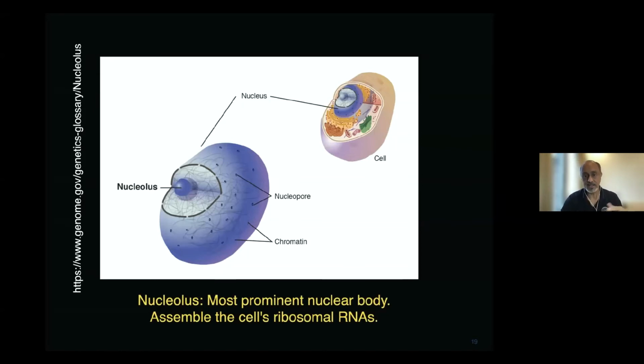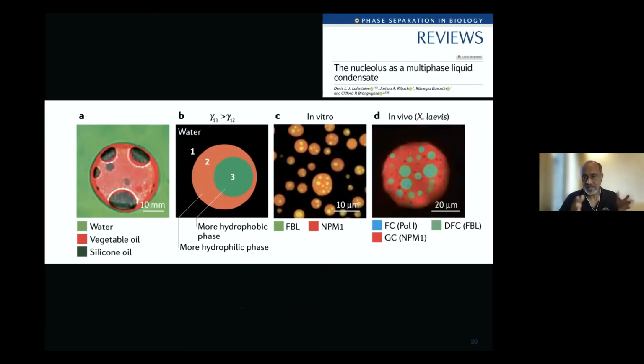You make the RNAs that go into the ribosome, you export them through the nuclear pores, and you construct outside this whole machinery, for which a Nobel Prize was awarded some years ago, including to Venki Ramakrishnan, for the structure of the ribosome. And this little structure here is dense and very visible. The question is, how is it made? The ideas here have coalesced around the hypothesis that this is really a multiphase liquid condensate.